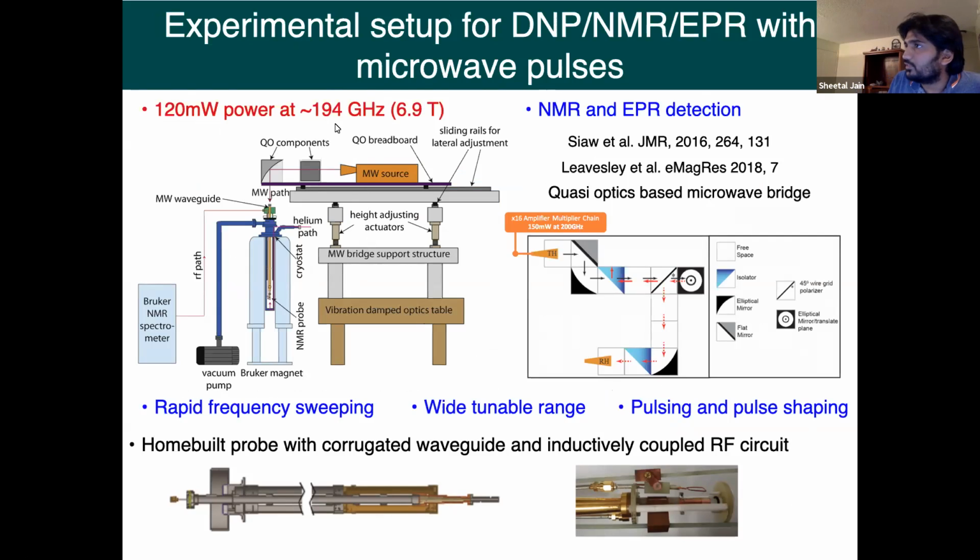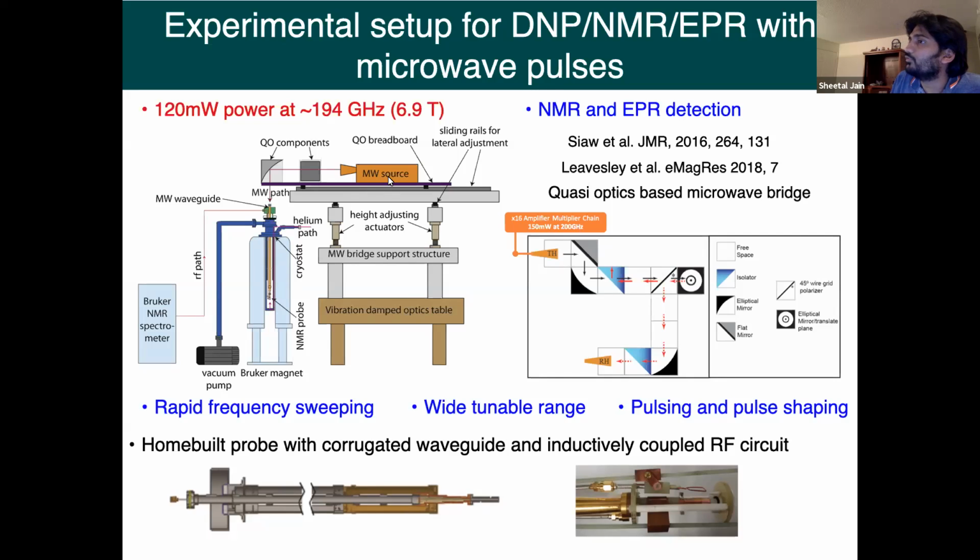So the main feature of this system is this cryostat, which allowed us to achieve liquid helium temperature. We simply fill it with liquid helium to achieve 4 Kelvin. That has also been upgraded now to a helium-free cryostat.